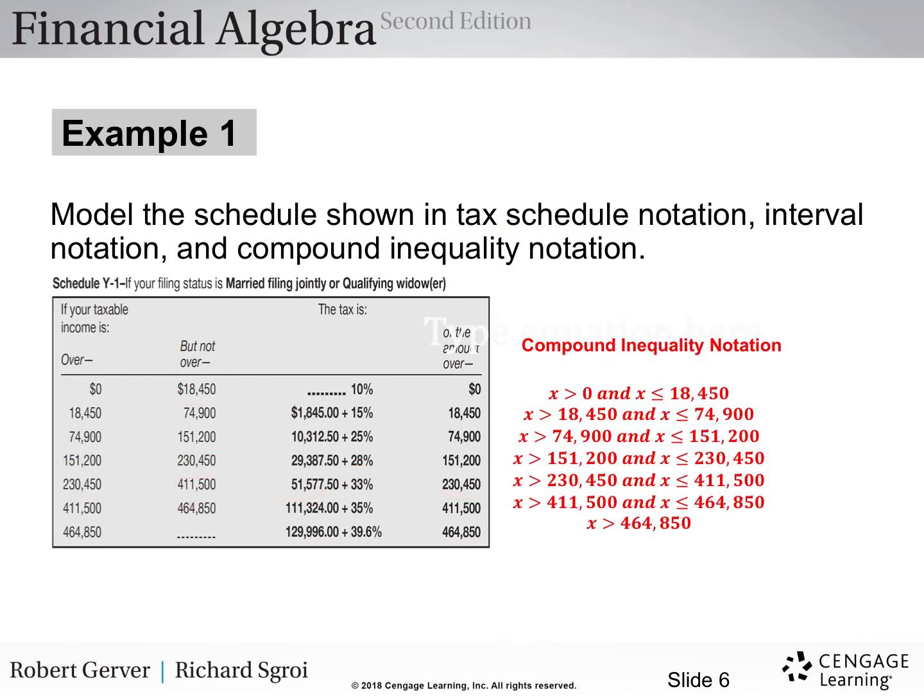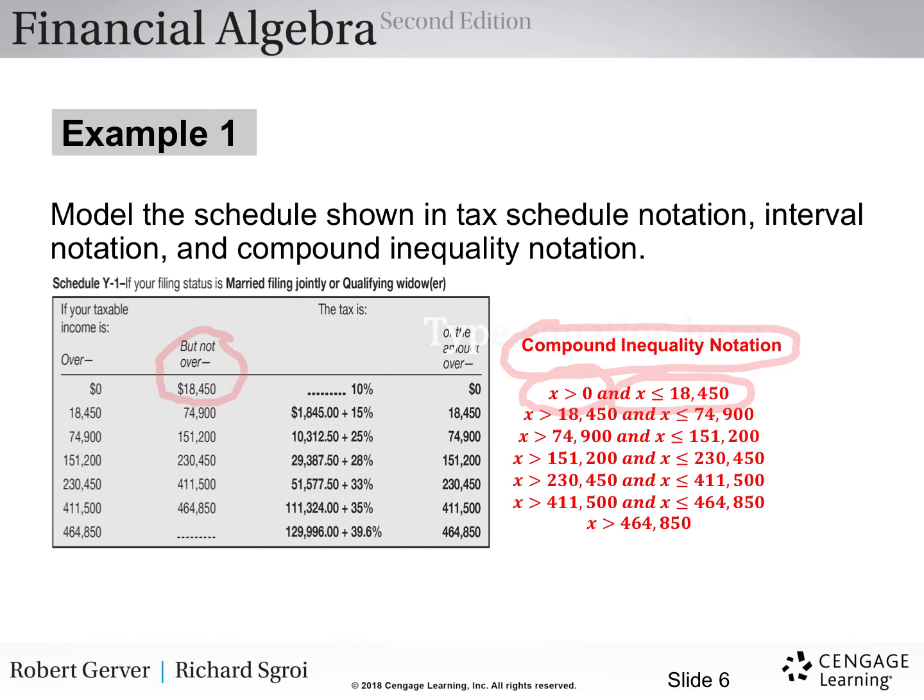Now what if we were to write it in compound inequality notation? The first row would be x is greater than 0 and x is less than or equal to 18,450. That's the but not over this amount.